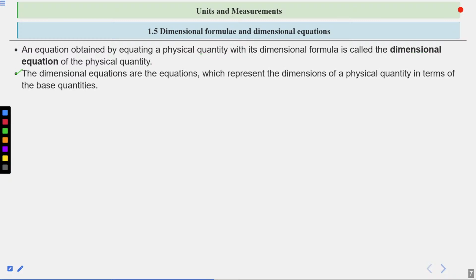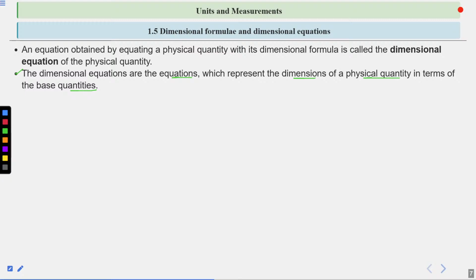The dimensional equations are the equations which represent dimensions of a physical quantity in terms of base quantities. It means that dimensional formulas or dimensional equations are the representation of any physical quantity, or they represent the dimensions of a physical quantity from the base quantities.